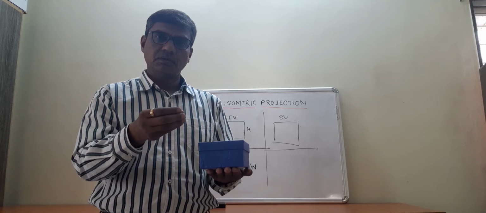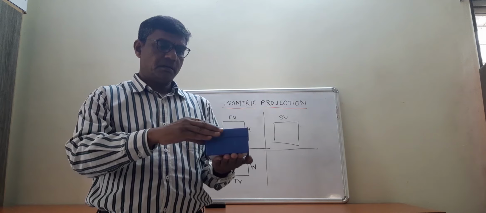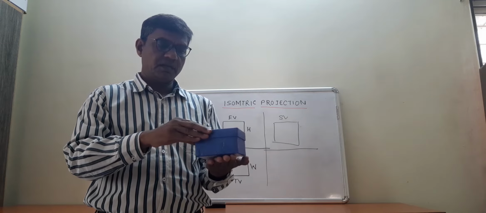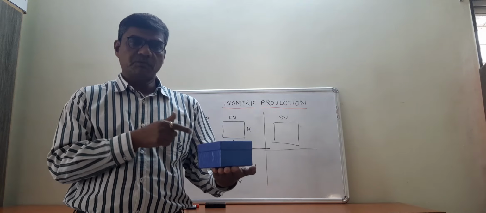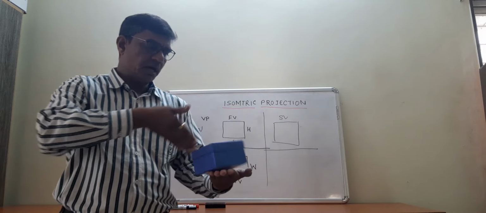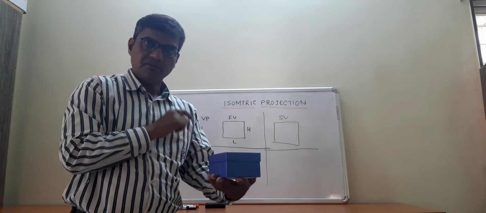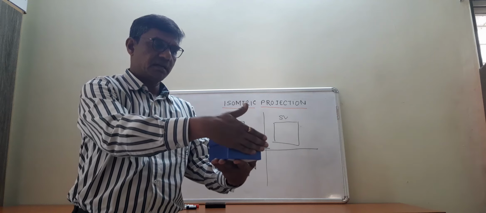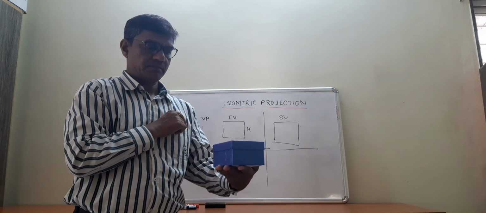Now, if I change the position of this box through some parameter, just see how the view also gets changed. I am turning this box in such a way that the two side surfaces are equally inclined with the vertical plane. This side surface and this side surface both make a 45-degree angle with the vertical plane.